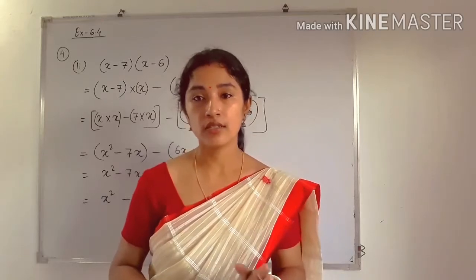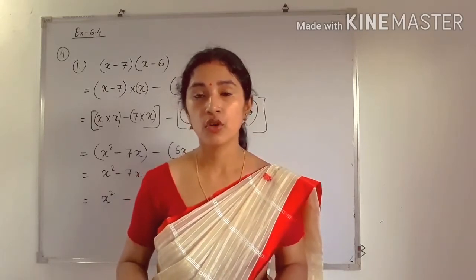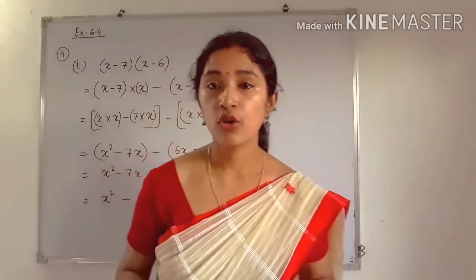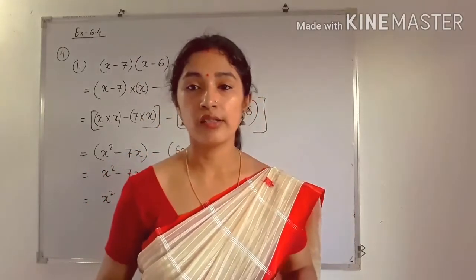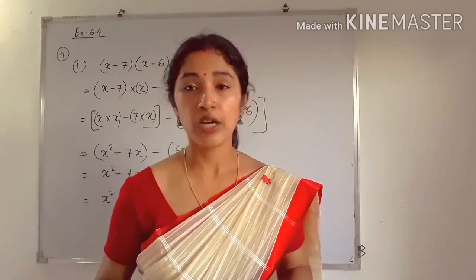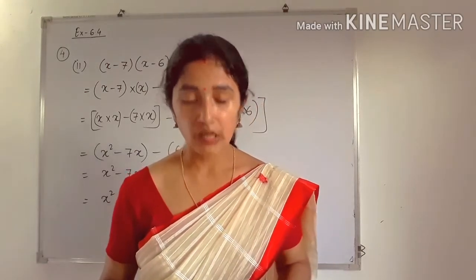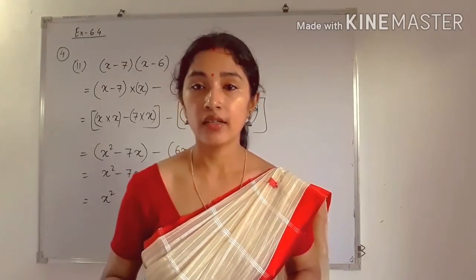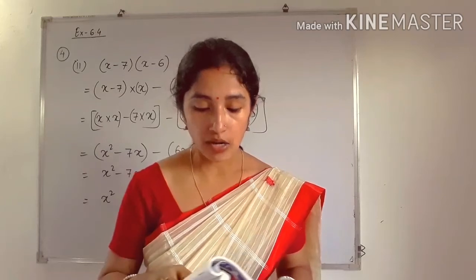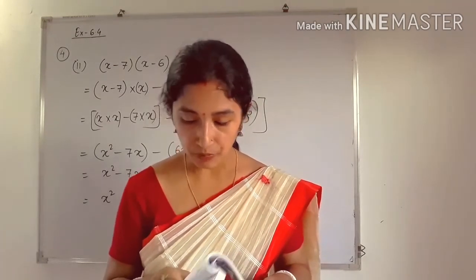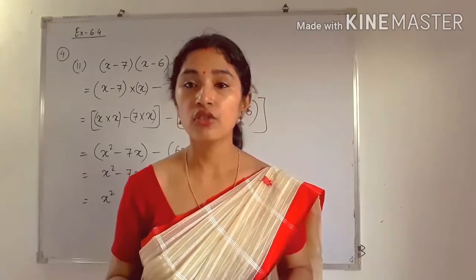Similarly, a binomial is a polynomial having only two terms. In question number 1, we were multiplying the like terms. You can see all are like terms, except number 3.